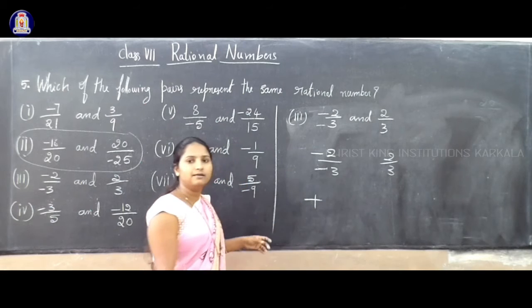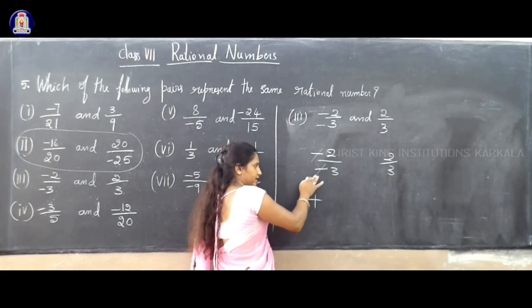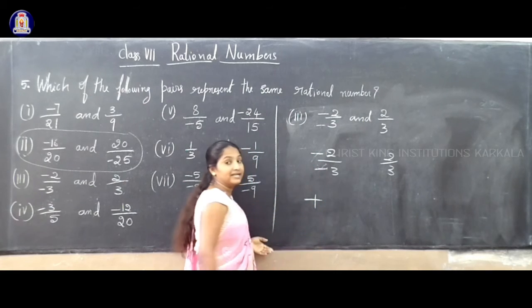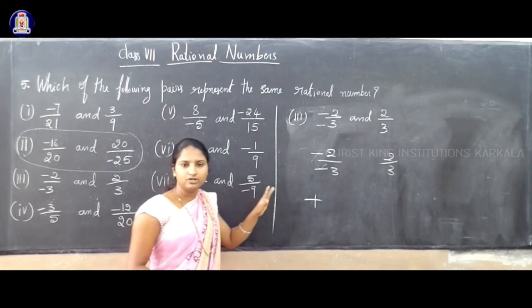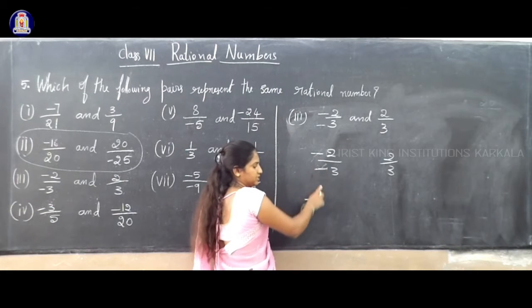Is it correct? Or you can imagine these two terms get cancelled, because the same sign is there in both numerator and denominator. You can cancel that, or you can apply the rule minus by minus is plus.